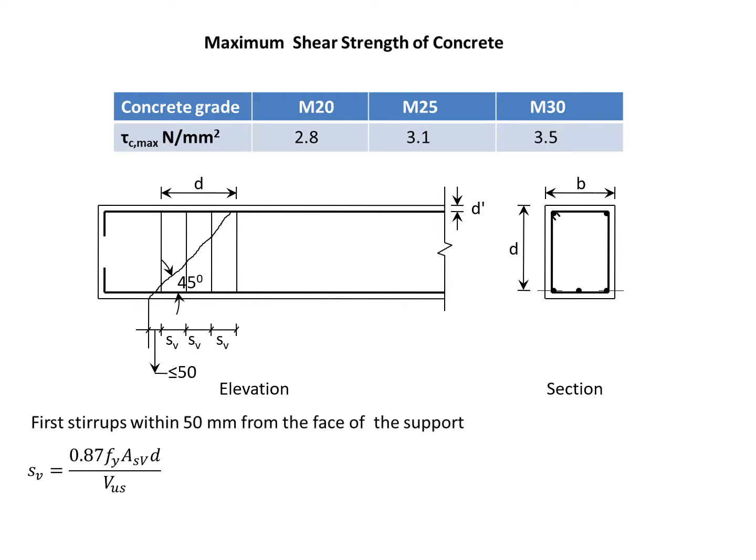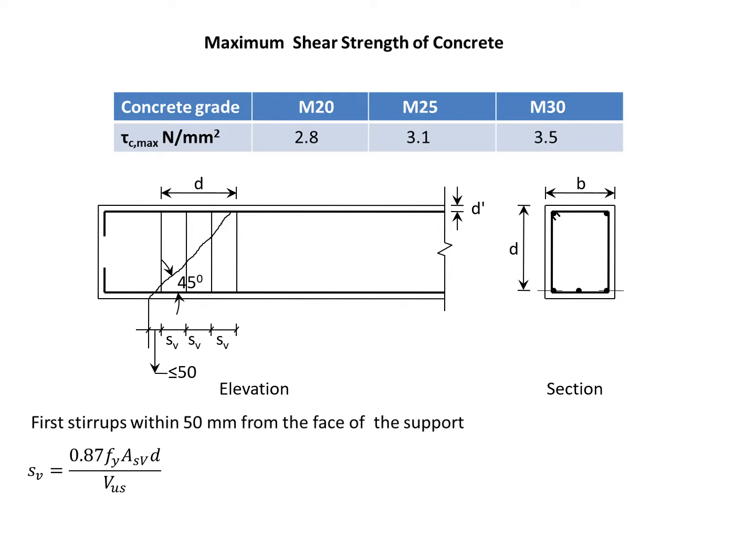Now, the spacing of the stirrup, the formula is given by the code, and that is Sv is 0.87 into fy, the yield strength of the steel which is used for the stirrups. Usually it is mild steel, or sometimes it is torsteel also. Depending on that, you have to put fy.